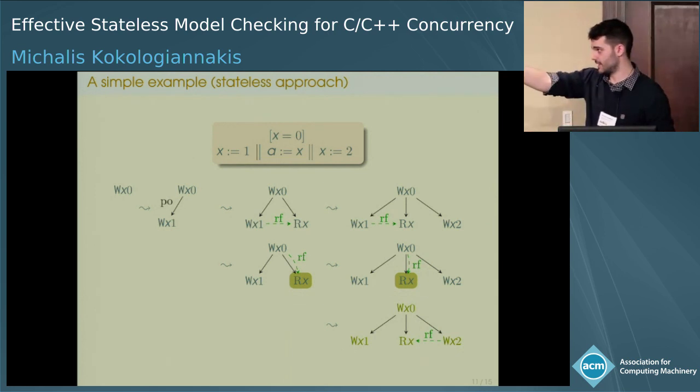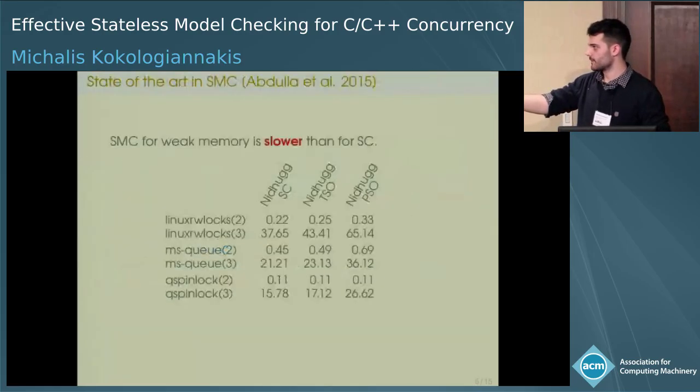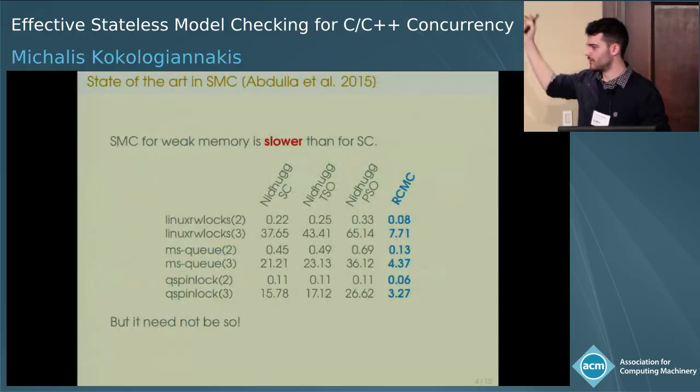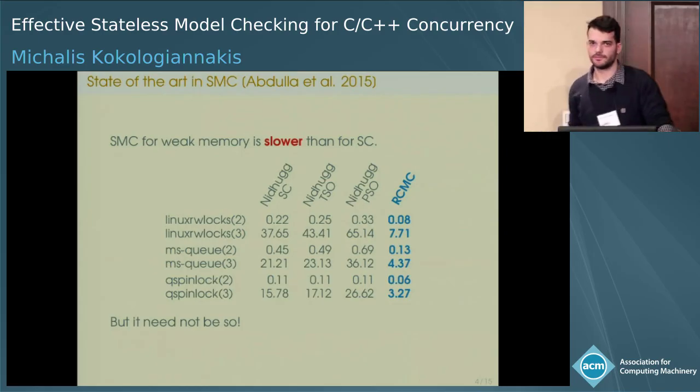And we can use a stack to store all the alternative exploration options and just keep one graph in memory at a time. And if we have tried verifying larger programs, the first benchmarks that I demonstrated in the beginning, the last one, the QSpinlock, is extracted from the kernel. It's like 1,500 lines of code, and our tool scales very well both in terms of time and memory.